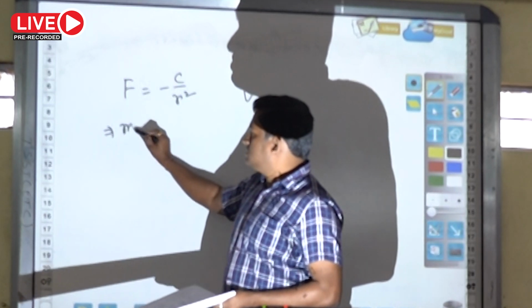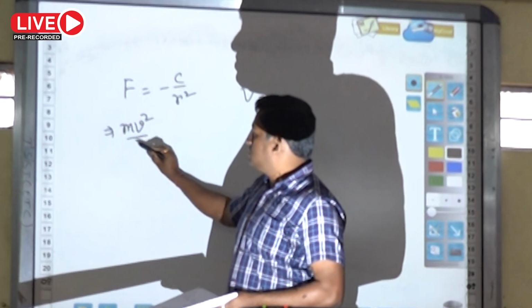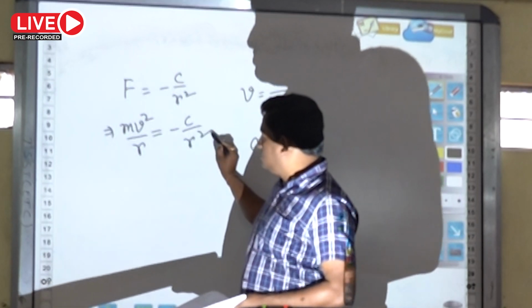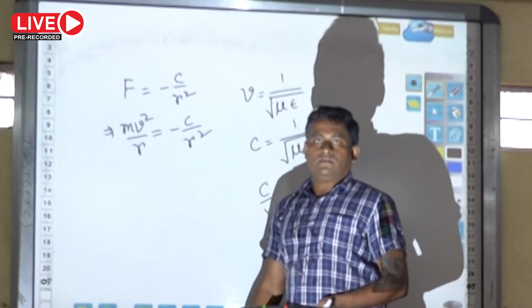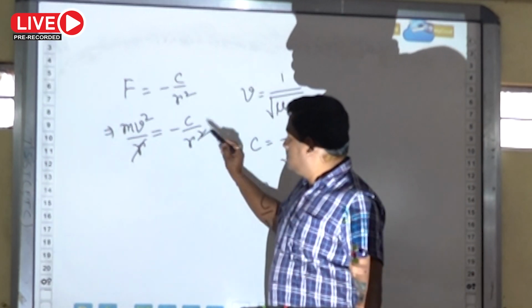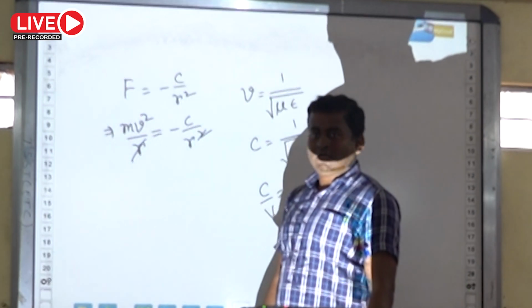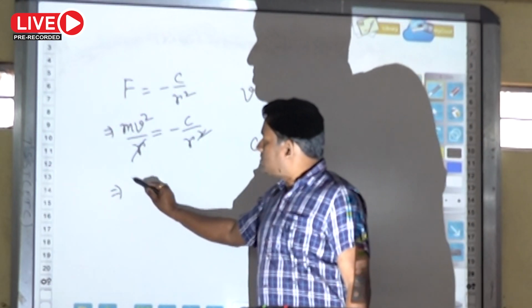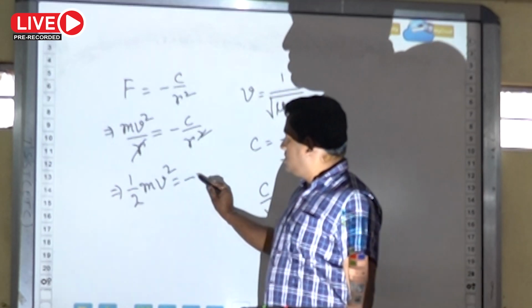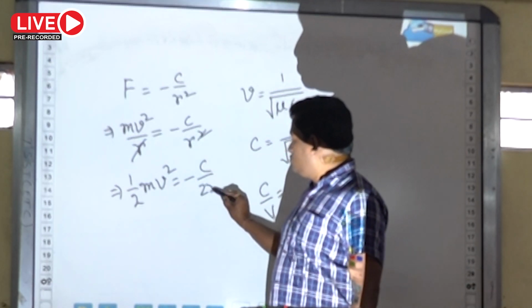F means mv square by r equal to minus c by r square. M into v square by r is the acceleration. Energy means just multiply both sides by half. C by 2r.